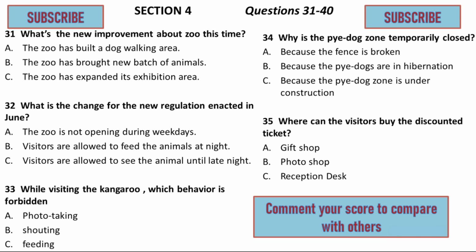Now turn to section 4. Section 4. You will hear part of a talk about an Australian wild zoo given by a tour guide.